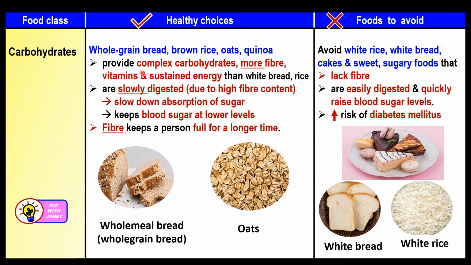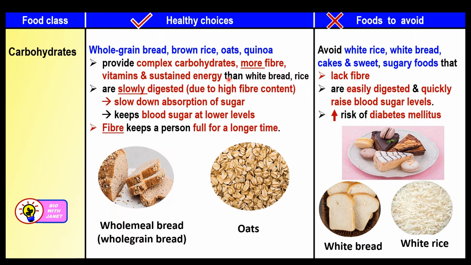So the whole grain foods provide complex carbohydrates or starch, more fiber than those that are refined. Okay, so the refined grains are like white rice and the white flour that is used to make white bread and so forth, right? So these whole grain foods provide more fiber, more vitamins, and sustained energy.